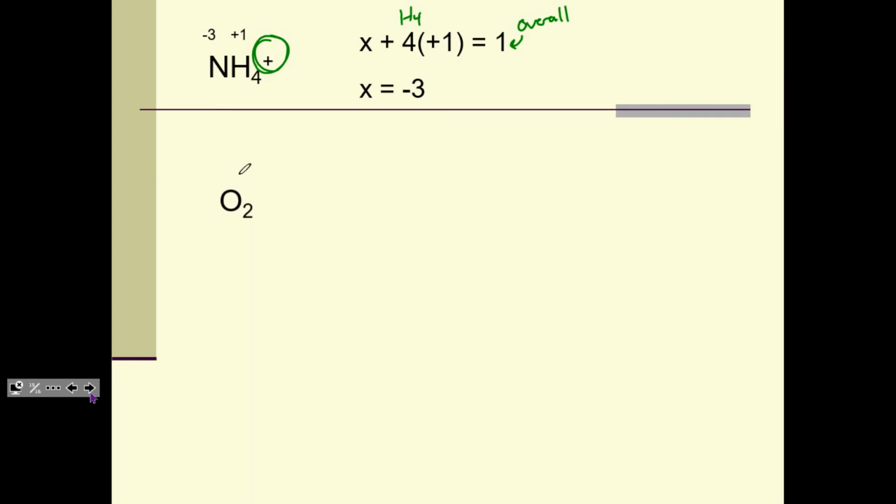O2, oxygen's always 2 minus, except this is a free element in its standard state. So you may want to list out the diatomics again: O2, F2, Cl2, Br2, and I2, and H2, of course.